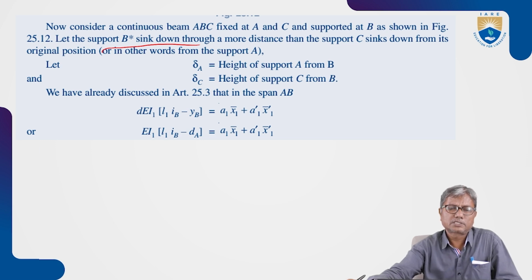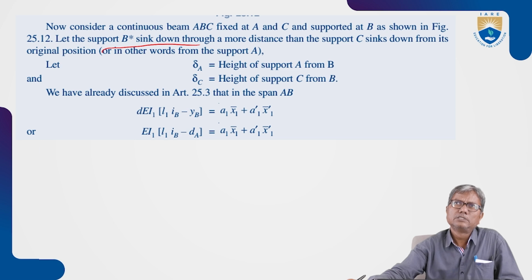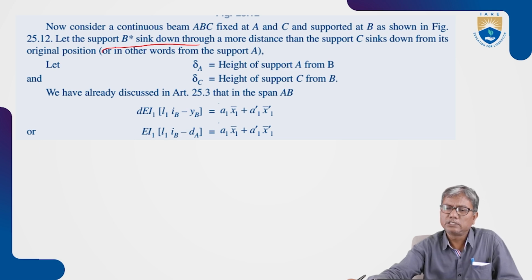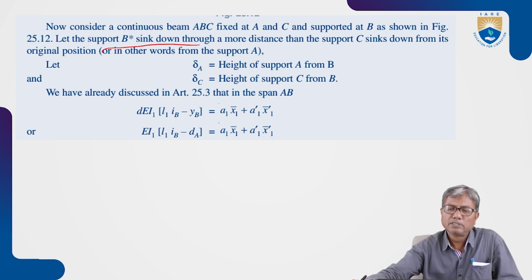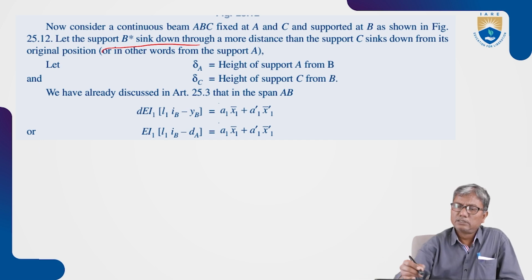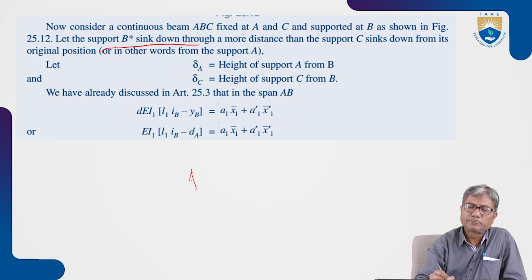Let us first consider that support B sinks and A and C remain in the original position. Let that be delta, sinks down by some amount. What does this mean?